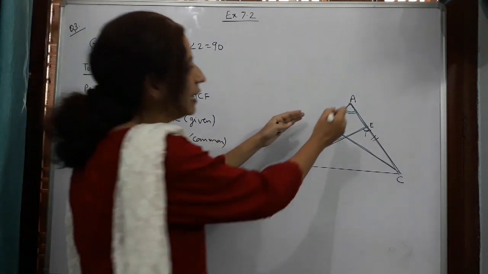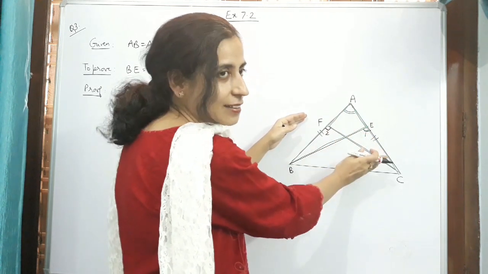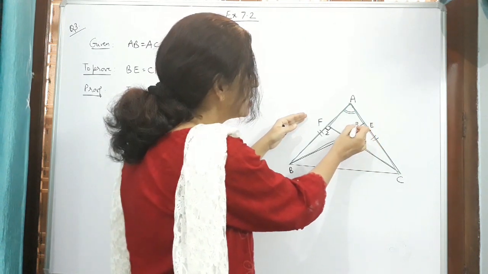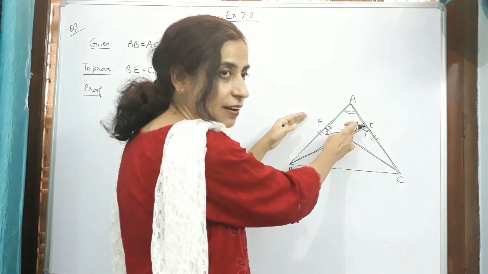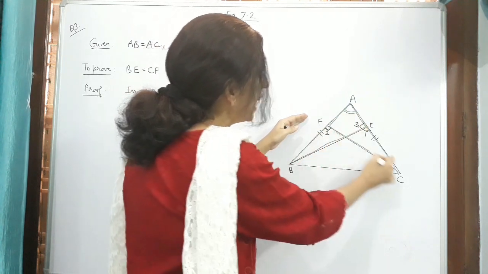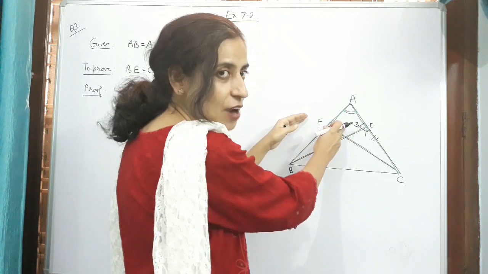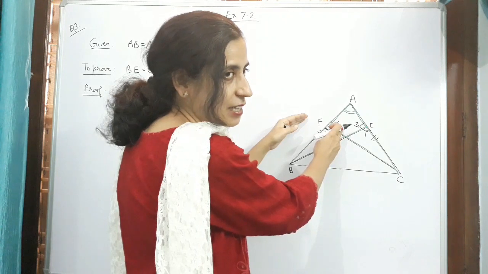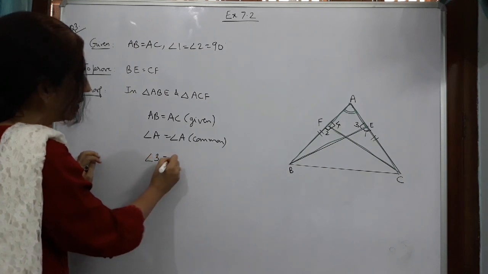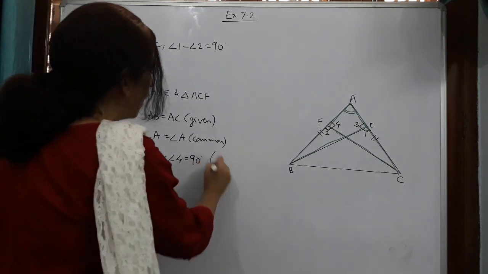Now if we look at triangle ABE, angle 1 is not inside this triangle. It is outside the triangle. So we will have to take the angle which is inside the triangle. If angle 1 is 90 degrees, then by linear pair, angle 3 will also be of measure 90 degrees. Similarly, in triangle ACF, angle 2 is outside the triangle, but angle 4 is inside the triangle. It will also be of measure 90 degrees by linear pair. So we have angle 3 is equal to angle 4, each of measure 90 degrees, and we write down the reason.